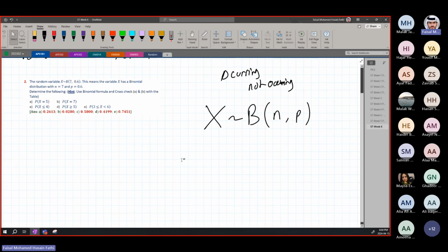So the important things you guys need to know here is this. You have the letter N. Your N is your sample or your total number of trials. Let me color code these actually.